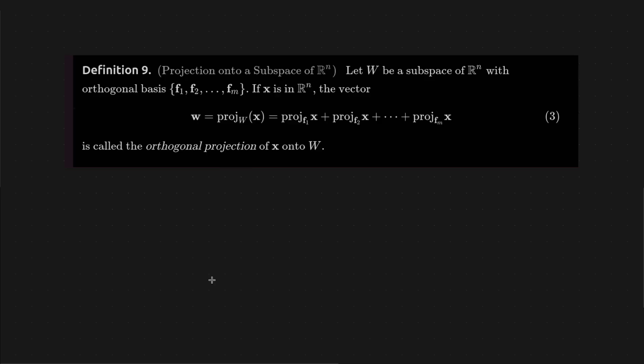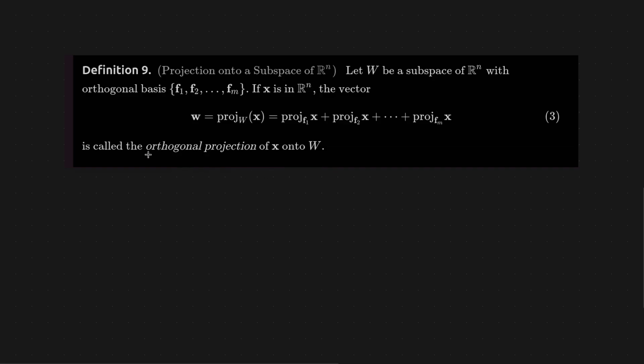We have the projection of a vector onto a subspace of Rn. Let W be a subspace of Rn with an orthogonal basis F1 to Fm. If x is a vector in Rn, which could be in the subspace W but doesn't have to be, then the projection of vector x onto subspace W, which we'll call vector W, is just the sum of the projections of x onto each vector in the orthogonal basis.